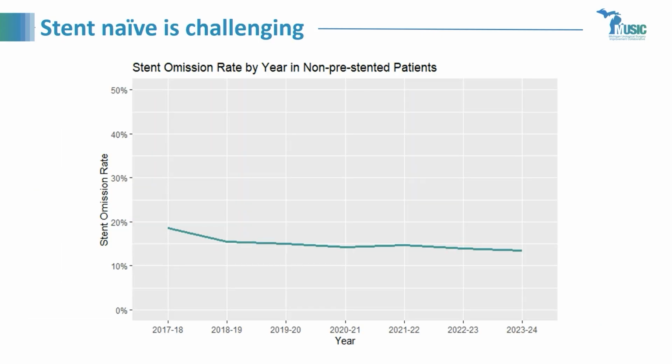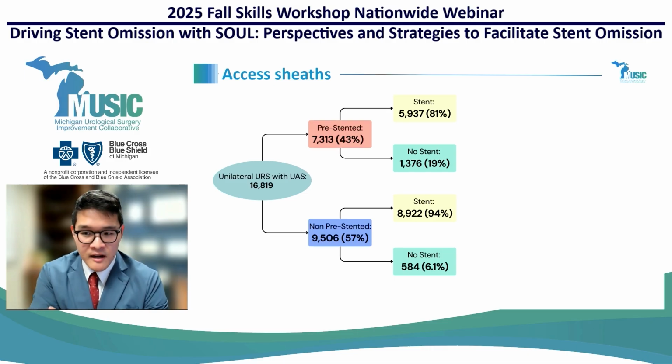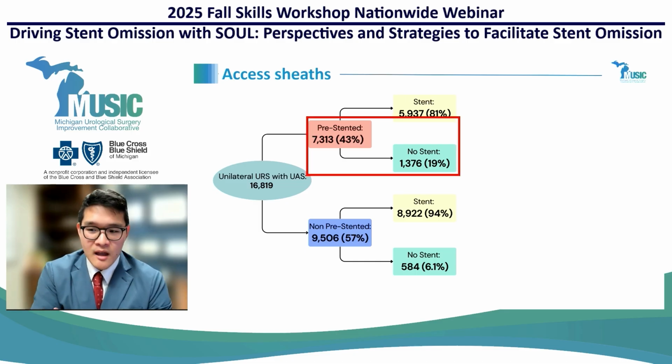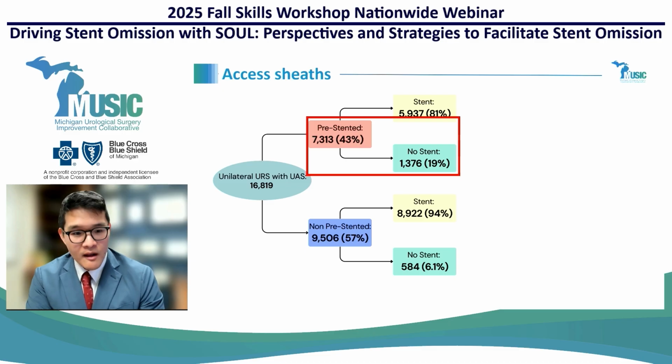Nonetheless, it's still challenging. You see in the stent-naive patients, it's still a harder population to really stent omit for. But if we look at some of our other data, and this again was shown at AUA this last year, in terms of access sheath placement, even in patients that are pre-stented, a fair bit of them don't go on to get a stent afterwards.